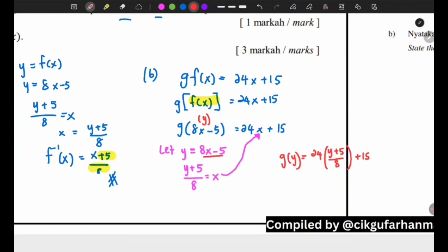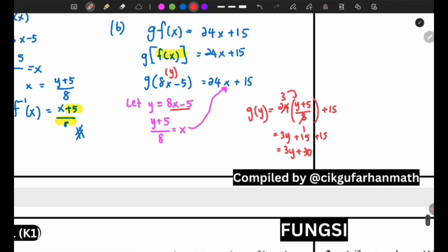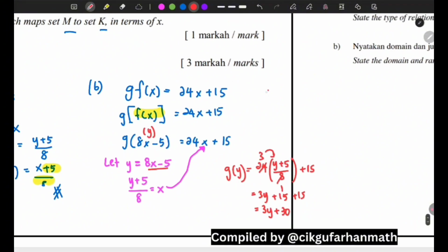So you put g y. This thing can cut. So 24 divided by 8, you should get 3. So 3 times y, 3y. 3 times 5, 15. And you plus 15 is 30. So 3y plus 30. And just lastly change to gx. Your y changed to x. That's it. You're done.